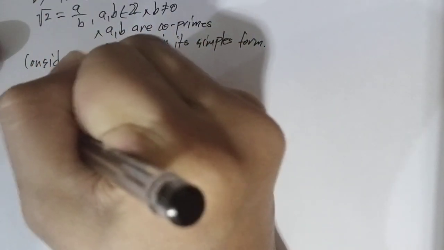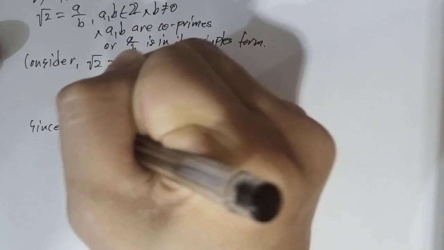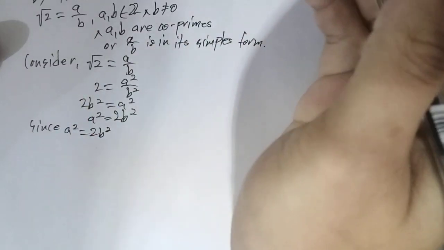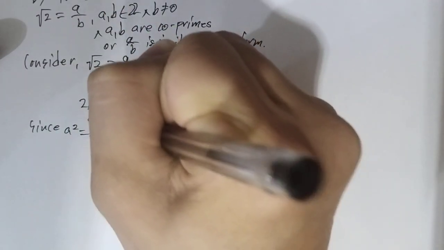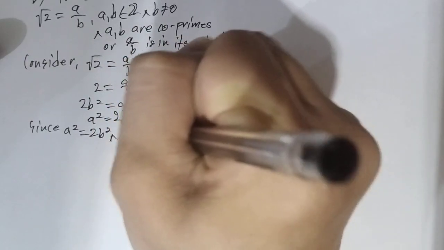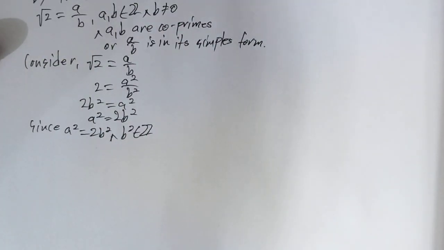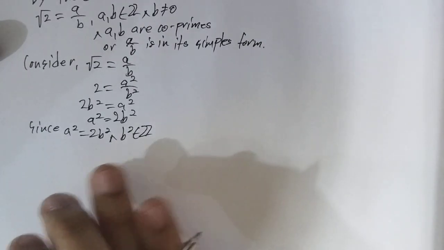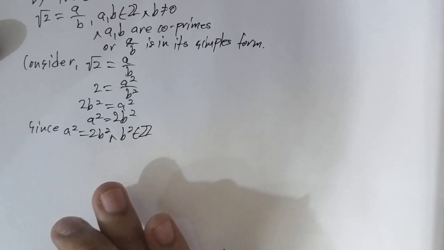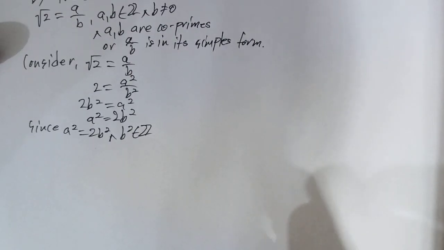Now, as you can see, a squared is equal to 2b squared, and b squared is also an integer, since by the closure property under the set of integers, if b is an integer, then its square is an integer. And we've derived that a squared equals 2b squared.